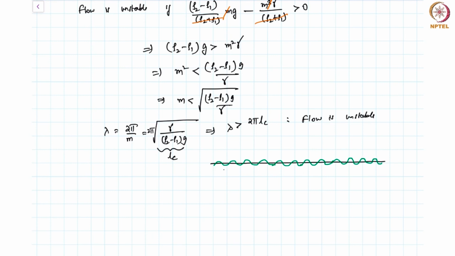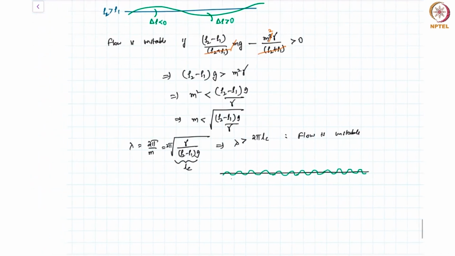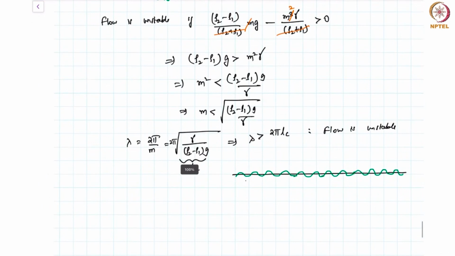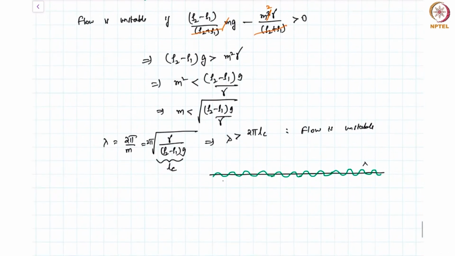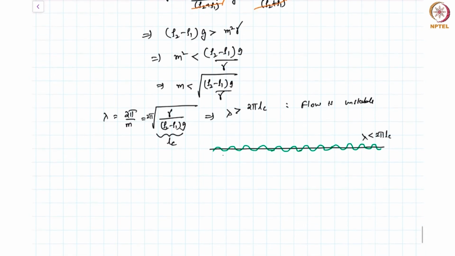The surface area for such a surface is so high that surface tension would not favor the growth of this kind of a wave, and these waves are stable, right? So this is a case where lambda is actually less than 2 pi LC.